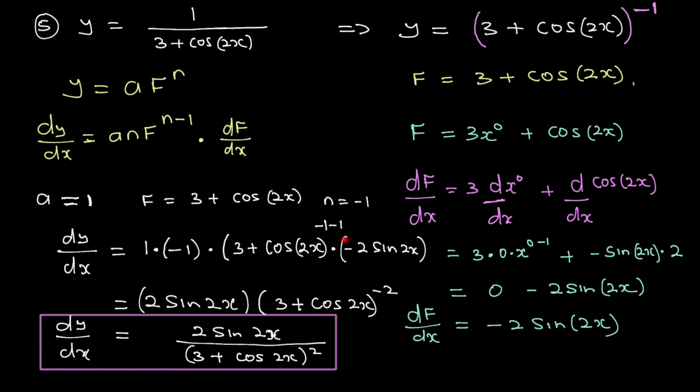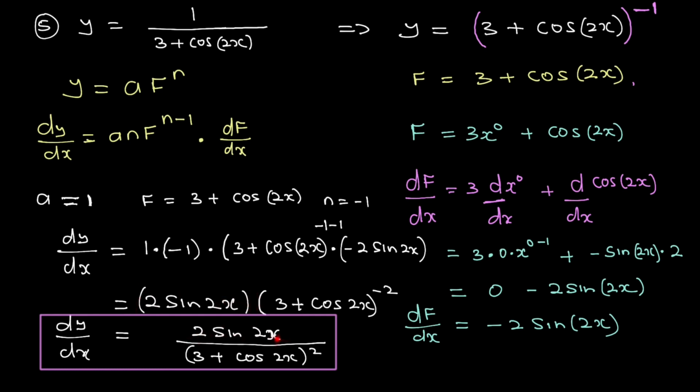And I need to put that here, which is here. So that's why I get that first, because minus times minus is plus. That's why I get a 2. And then sine 2x, times this one here, which is 3 plus cos 2x to the power minus 2. That's minus 2. Right. This is on top. This is just to the power 1.